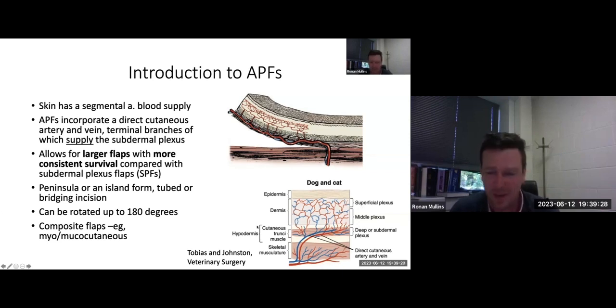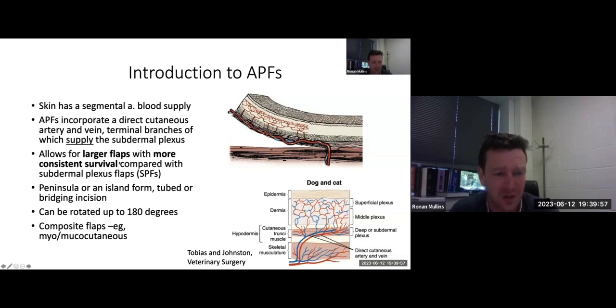As I said, the axial pattern flaps include a direct cutaneous artery, whereas our subdermal plexus flaps, which typically involve, think of a single pedicle advancement flap, you will typically have 1 pedicle remaining, and that pedicle and its subdermal plexus, the collaterals to that plexus, is what is keeping that subdermal plexus flap alive or viable.